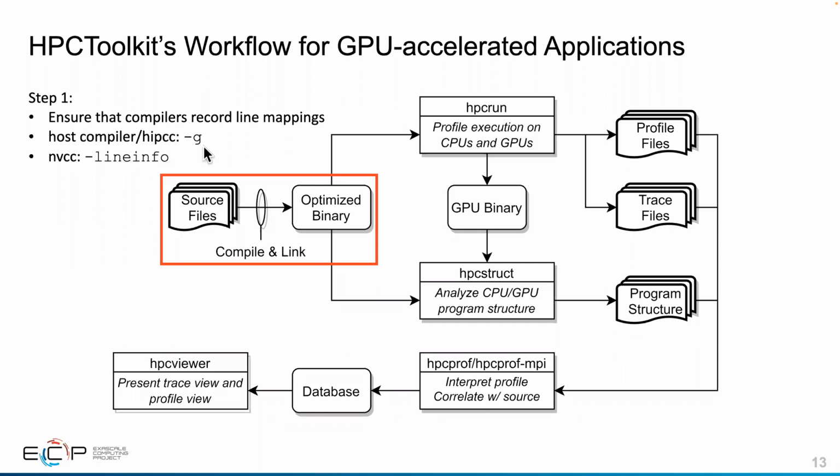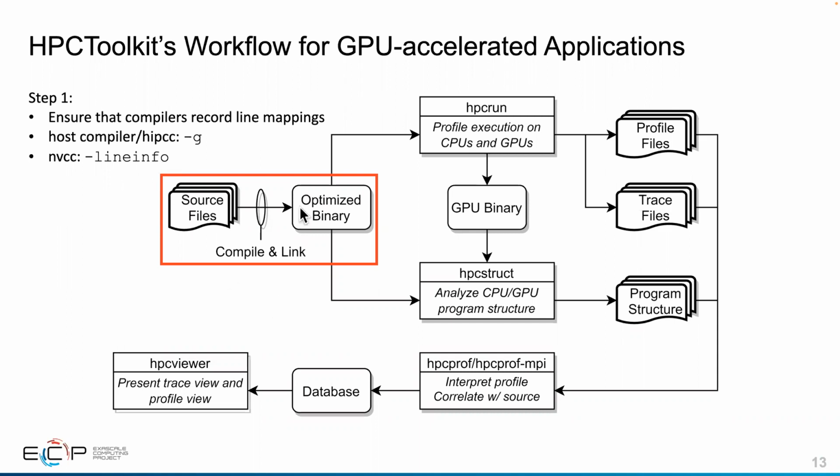Sometimes adding -G may make some slight changes in your application, causing it to use slightly different calling conventions, but for all intents and purposes, it shouldn't really affect your performance. For certain GPU compilers, say NVCC, you also have to add a -lineinfo flag to tell it that you want it to record line mapping information when it's compiling and generating GPU binaries.